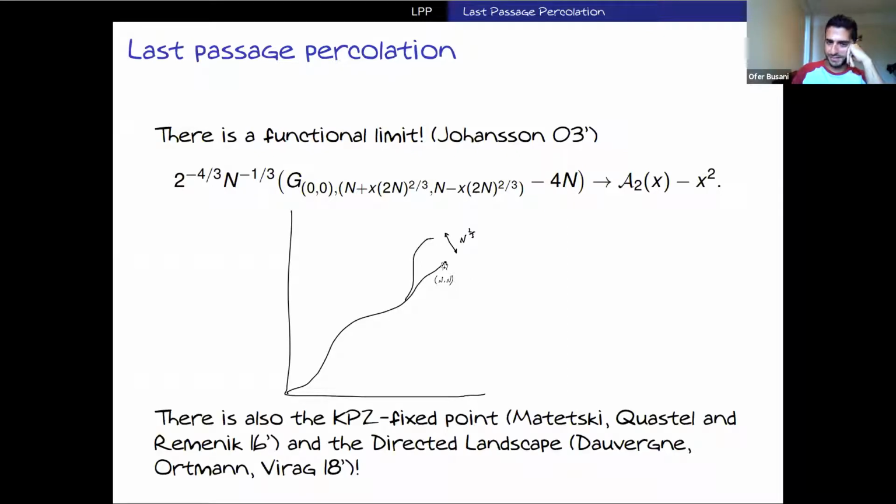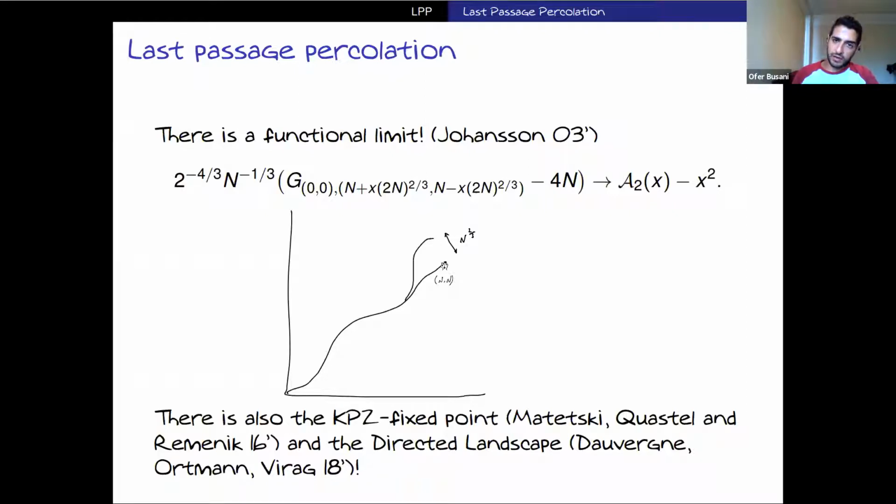There are other more complicated functional limits. There's the KPZ fixed point by Matetski, Quastel, and Remenik, in which you move the endpoint also along the diagonal, crossing from the origin to the point nn. The idea is that moving the point along the diagonal direction is as if you go in time, if you change your interface in time.